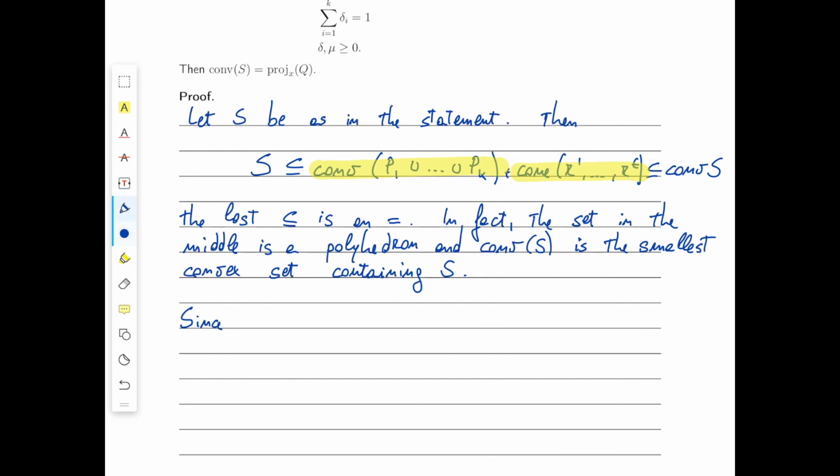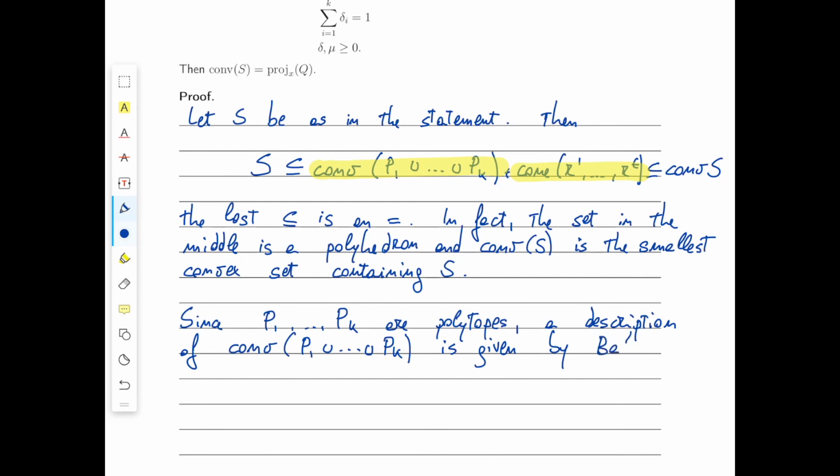Since P1 until Pk are polytopes, a description of the convex hull of the union is given by Balas' theorem.